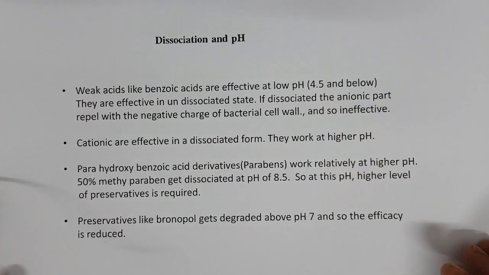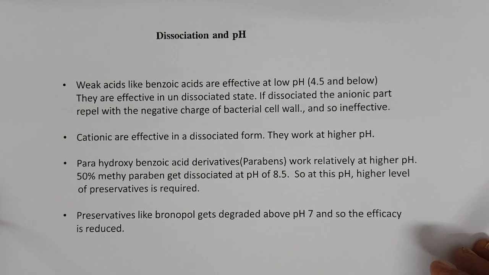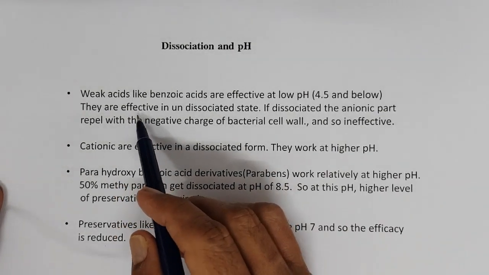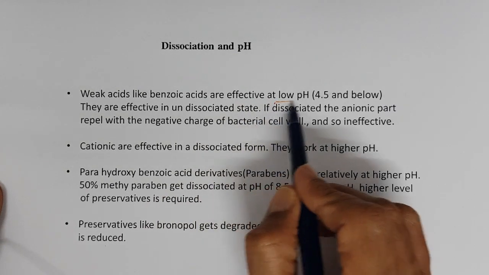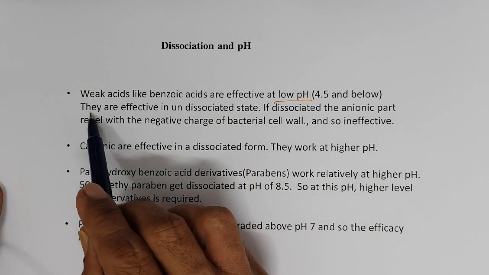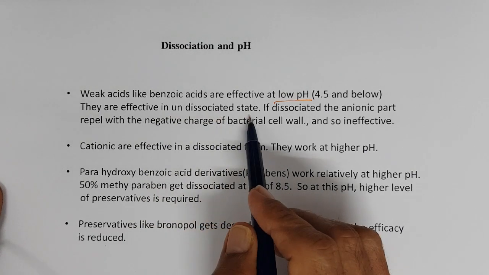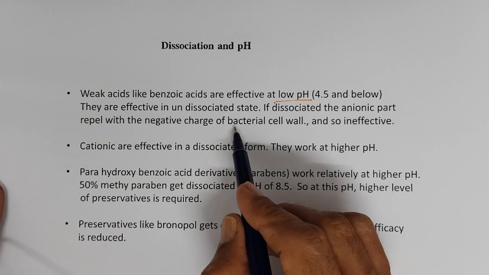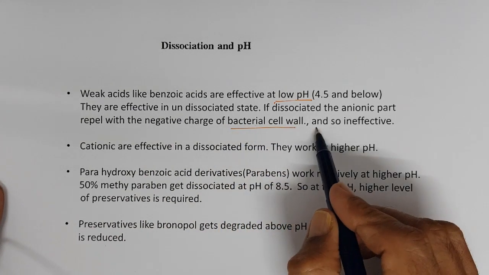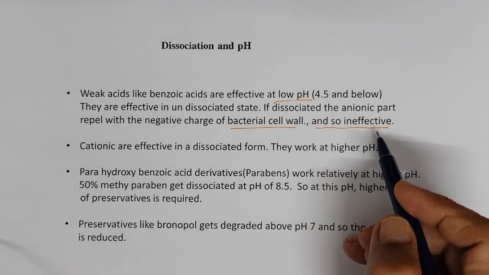Dissociation and pH, right. Weak acids like benzoic acid are effective at low pH. They are effective in the undissociated state. If dissociated, the anionic part repels the negative charge of the bacterial cell wall, and so it is ineffective.